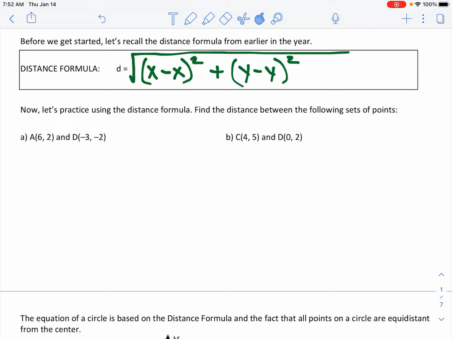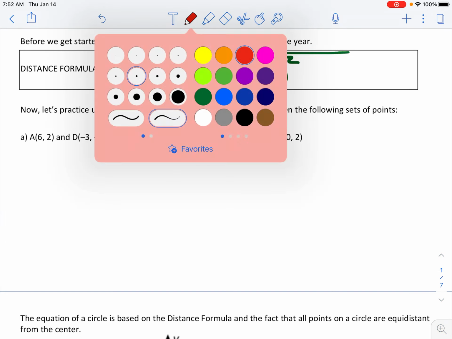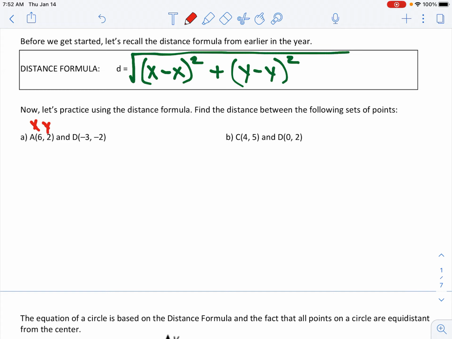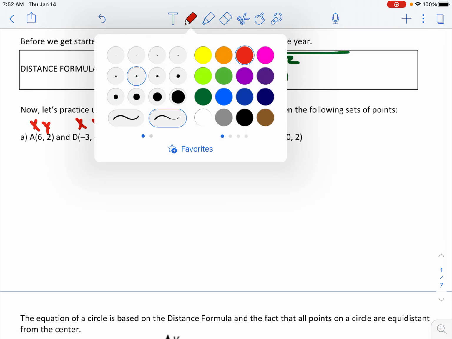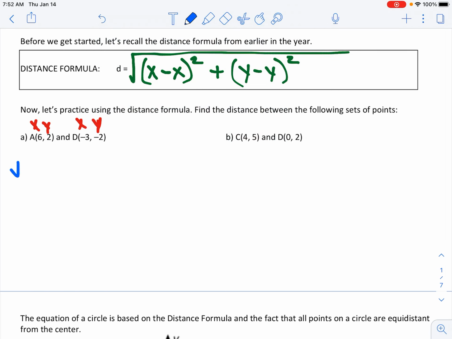Before we get into writing equations of circles, let's do two problems. I'm going to label my x and y. I'm going to stay with a pattern, and whatever x I start with, I must start with that y. So I'm going to go in order. I have 6 minus, and now be careful, a negative 3 for my other x, a plus sign in between, and then I'm going to start with that y, 2 minus a negative 2, and square it.